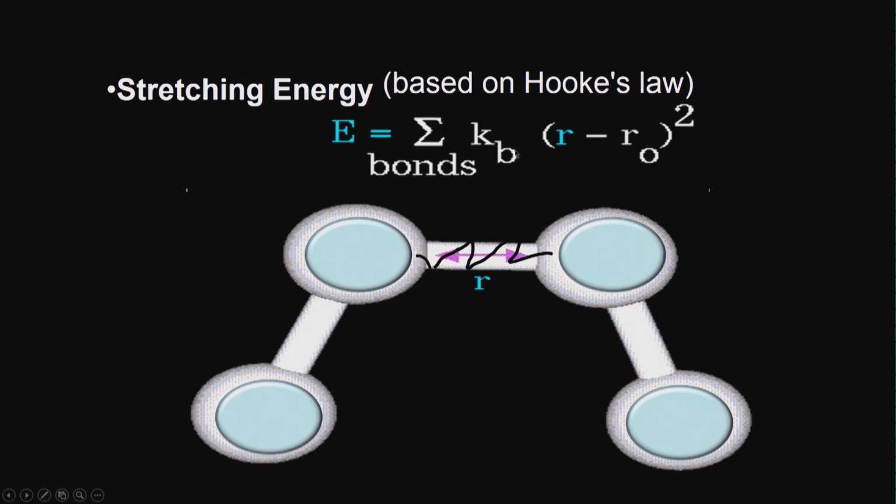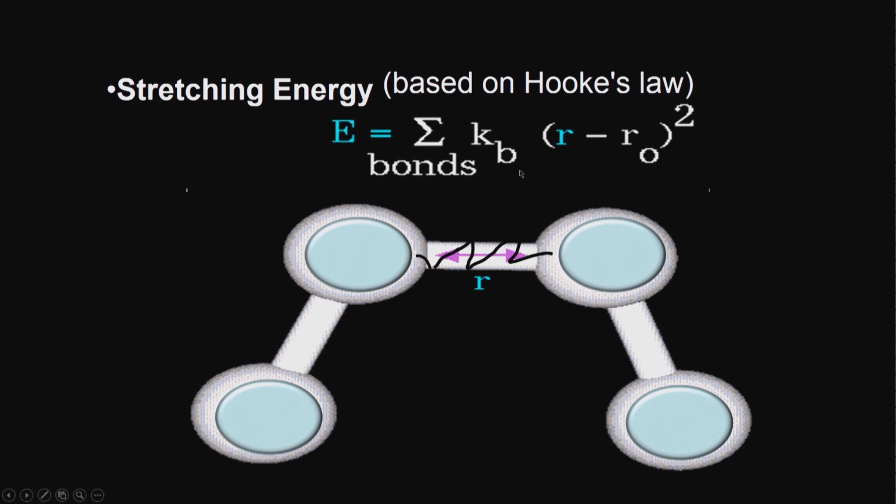For example, if I have a 2 carbon ethane, carbon carbon, but when I put in another carbon like propane, another carbon butane, that length will not be constant. It may get stretched, and that could be R, whereas R naught could be the distance at equilibrium when it is not stretched. So this is squared, because of Hooke's law, delta x square, Kb, where Kb is a constant.